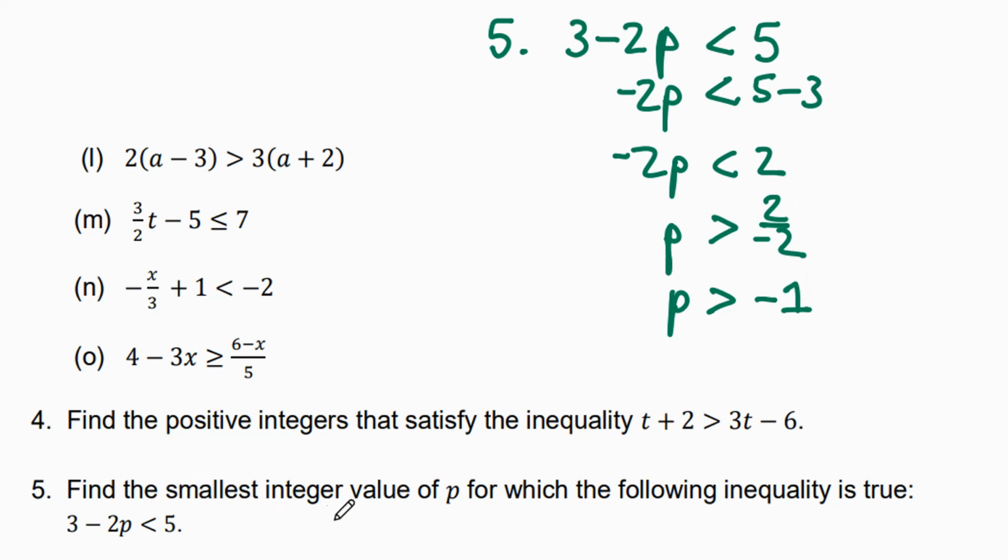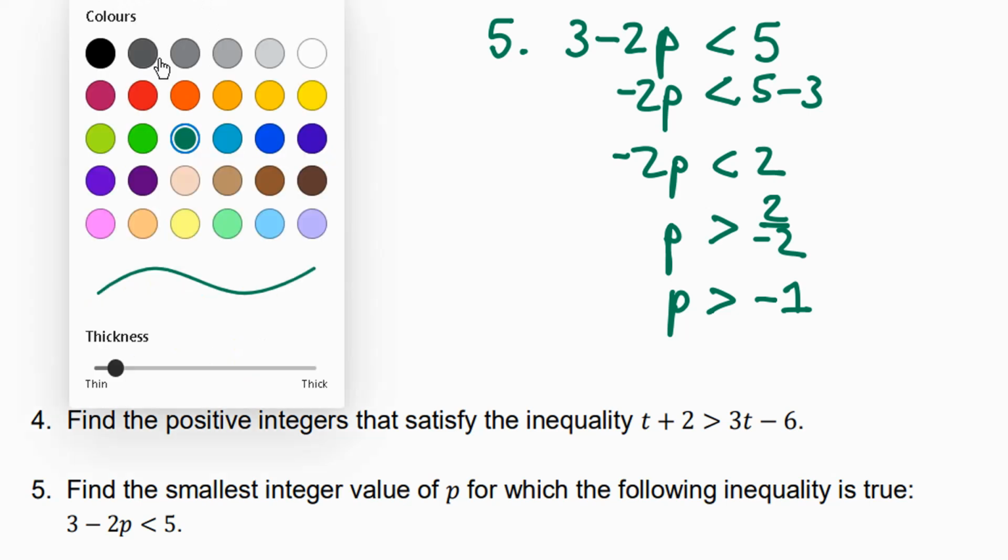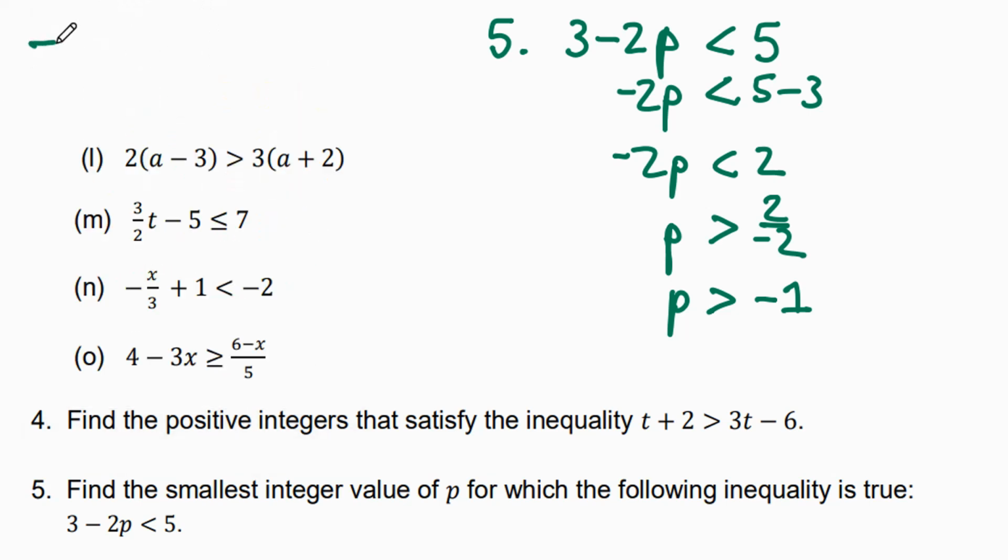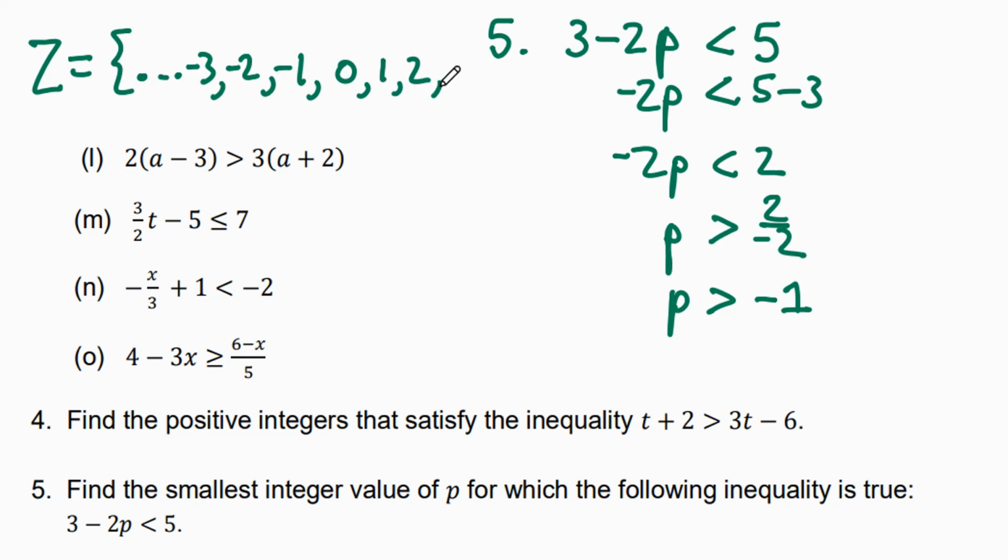Remember, we must find the smallest integer value of p for which the inequality is true. So let's just revisit the integers. So the integer set Z will be negative 3, negative 2, negative 1, 0, 1, 2, 3, etc. So the smallest integer value of p, we know here that p must be greater than negative 1.